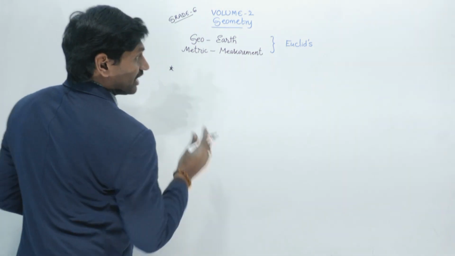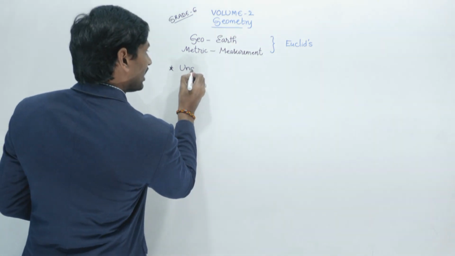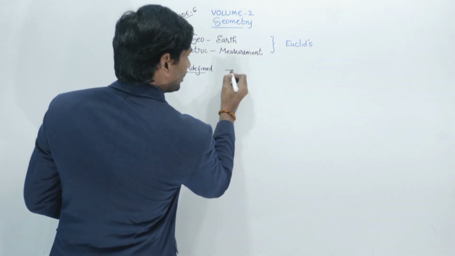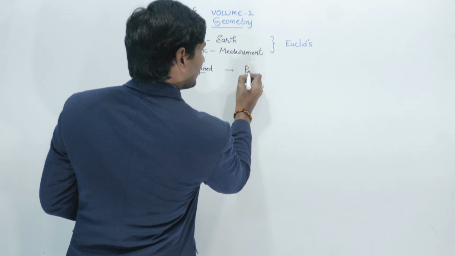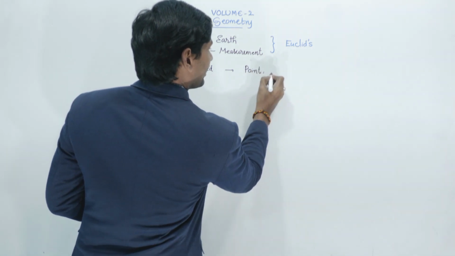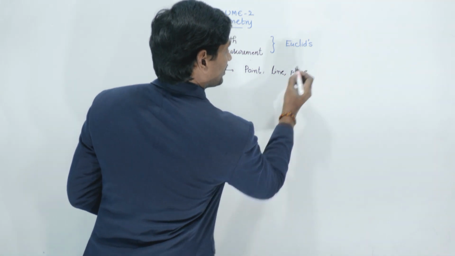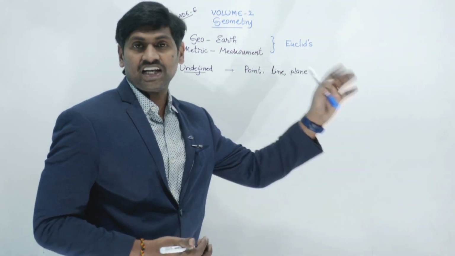They are called undefined terms. There are three undefined terms: point, line and plane. That means there is no exact definition of point, line and plane.